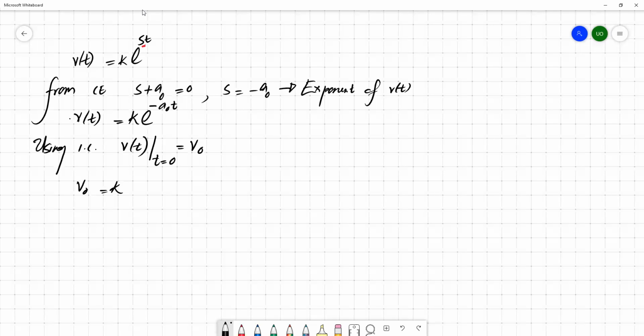So once you substitute t equals 0, you will end up with k. So from this, we can basically evaluate the unknown coefficients. So then our ultimate response is V naught e to the power minus a naught t for this differential equation.